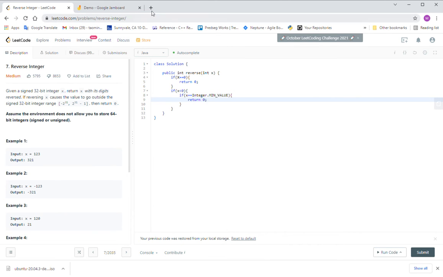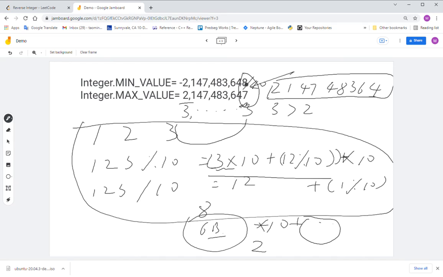The reason is we want to convert negative to positive, but the negative minimal value cannot convert to the maximum value. So we directly return this one.